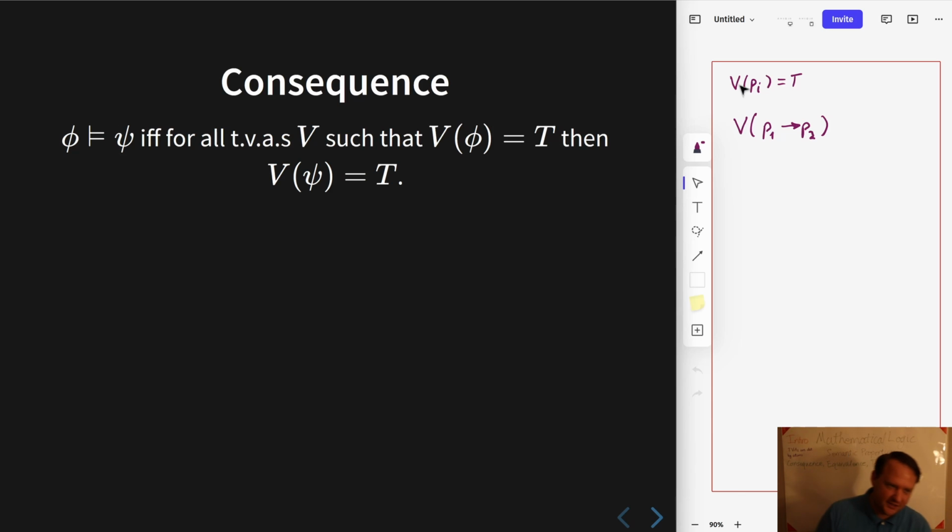Here I'm using the word satisfy; when I say satisfy, I just mean that the value of the assignment is true. So that's what it is for V to satisfy phi. Again, phi entails psi if and only if every truth value assignment V which satisfies phi must also satisfy psi. That's what it is for this entailment to hold between phi and psi.